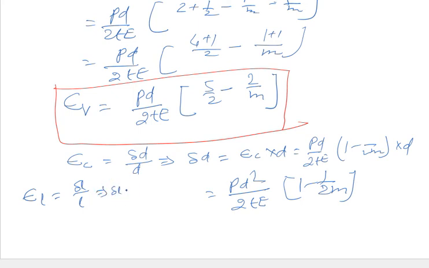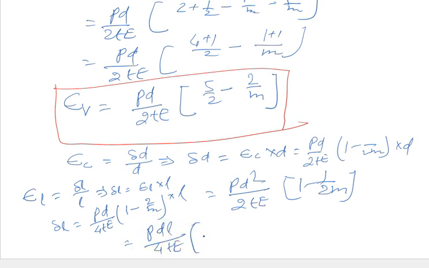So change in length is equal to longitudinal strain into L. So change in length equals PD by 4 TE into 1 minus 2 by m into L. So PDL by 4 TE into 1 minus 2 by m is the change in length.